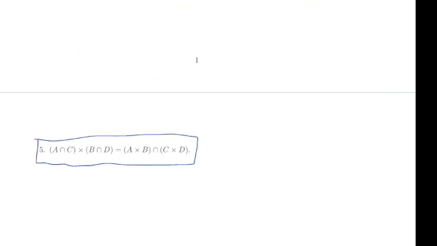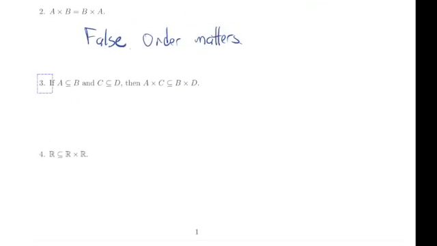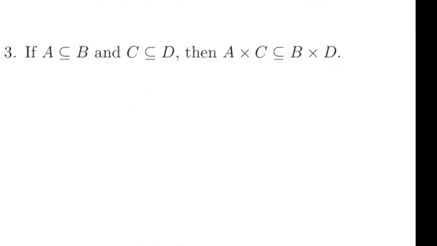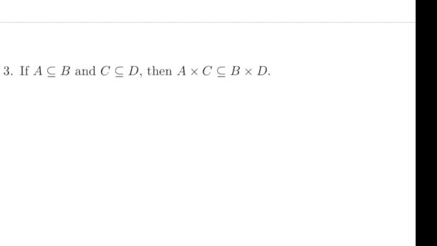We want to be able to identify all of these proof techniques and which one might be appropriate for which setting. Okay, so this is a true statement, and it is a conditional statement. We have different ways that we might think about doing this.